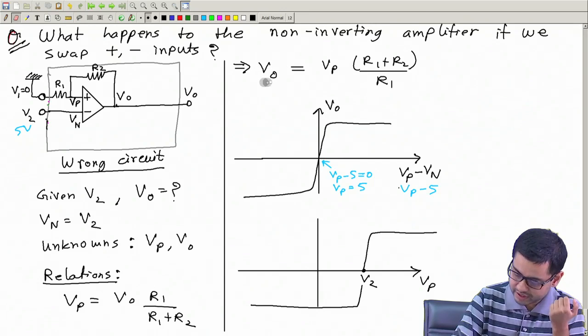Now let me draw the other relationship. This is y equal to x times a positive constant.